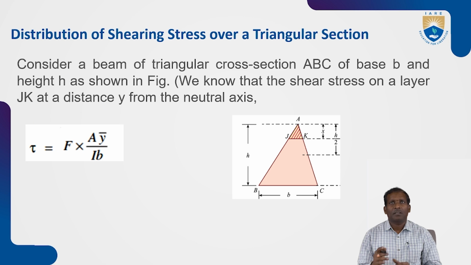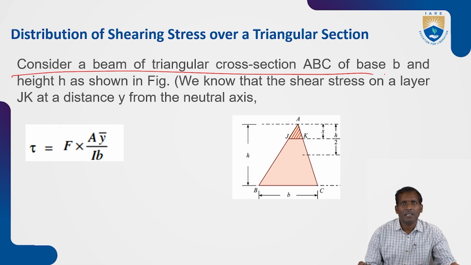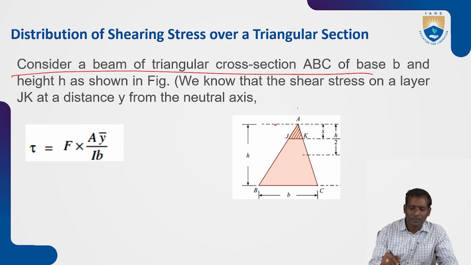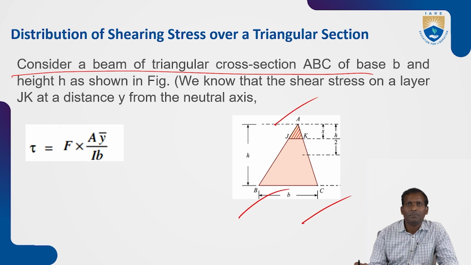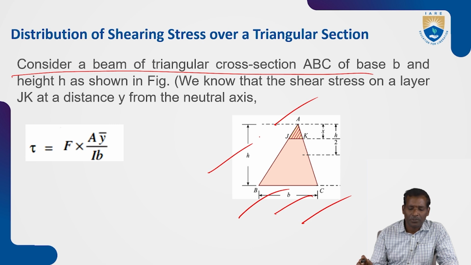Now consider a beam of triangular cross section ABC. Here is shown the triangular cross section. The base is B and the height is H, as shown in the figure.